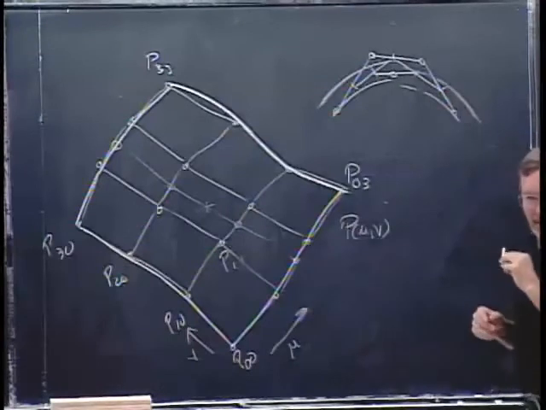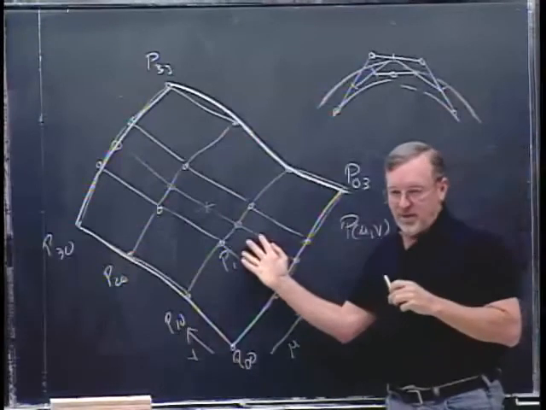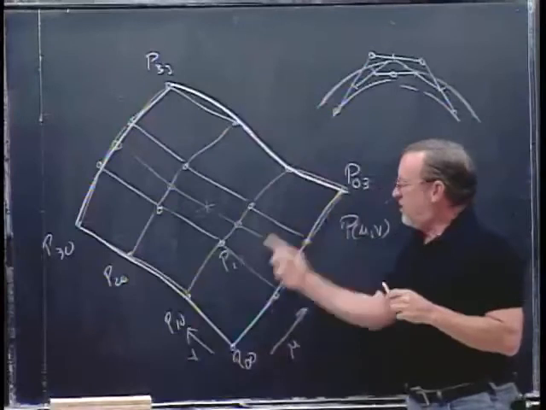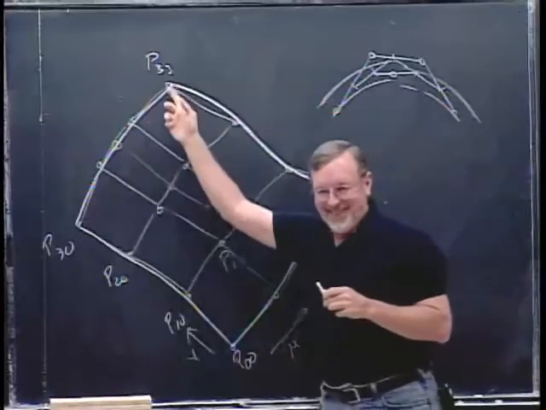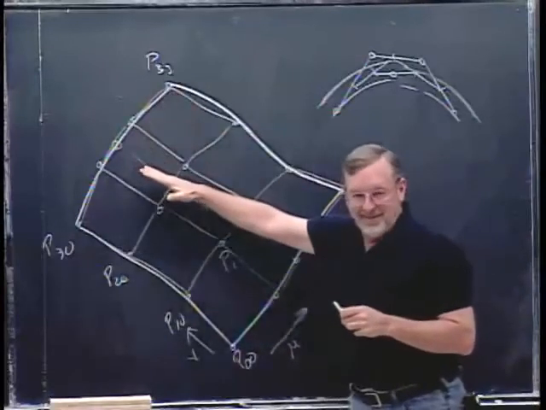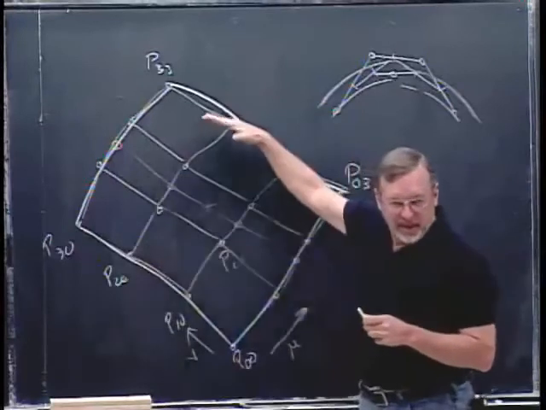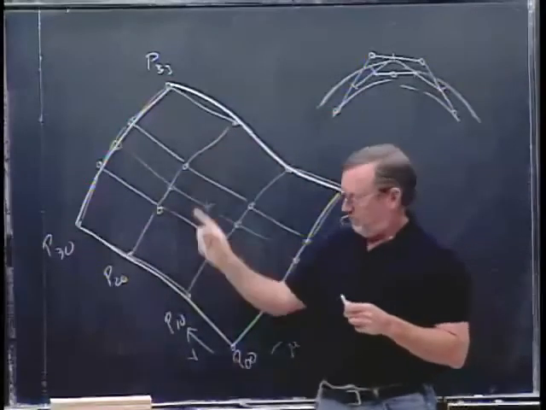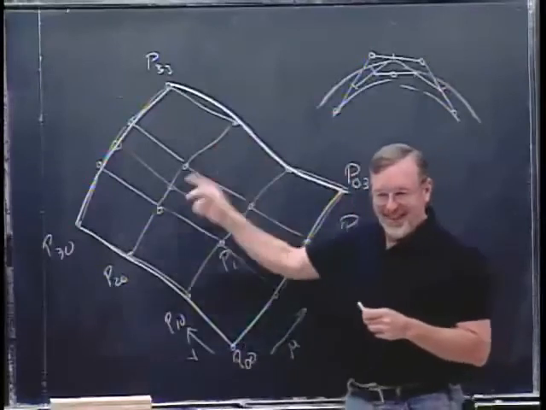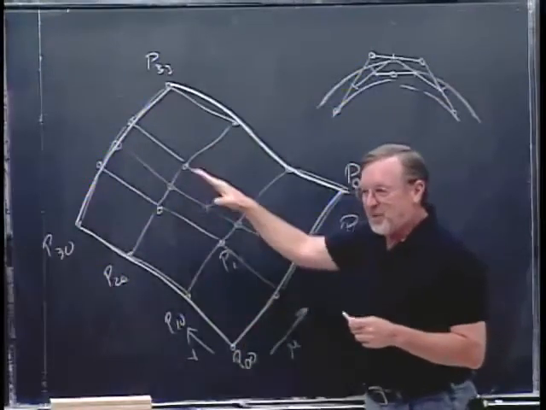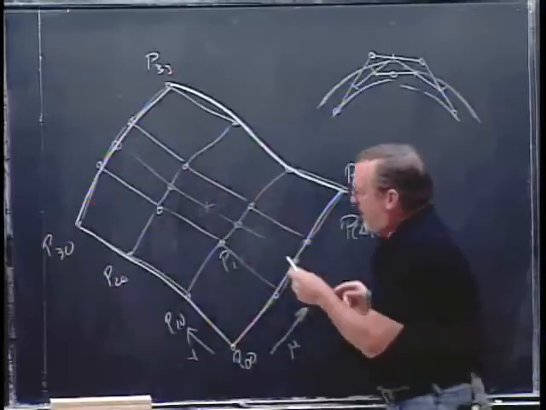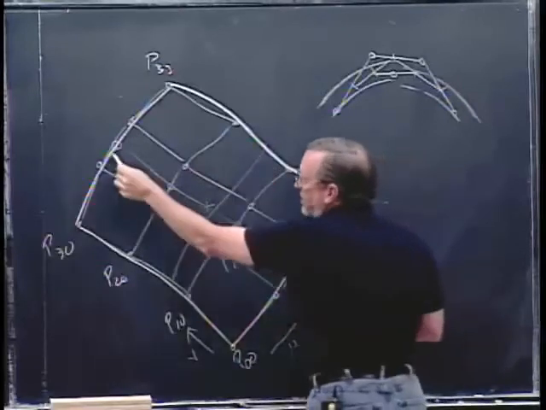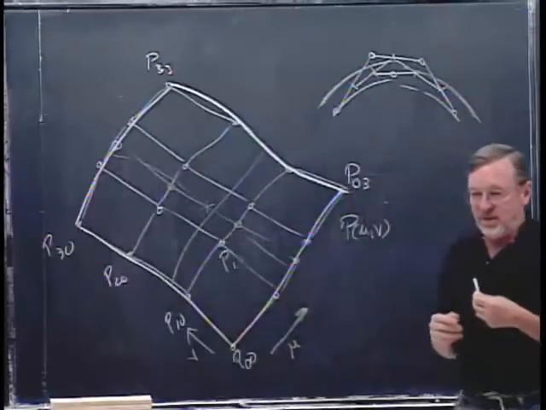We can do it exactly here also by splitting all the curves first in one direction. We can split it into 2 pieces by splitting all these rows, and then we can split the columns in the other direction.